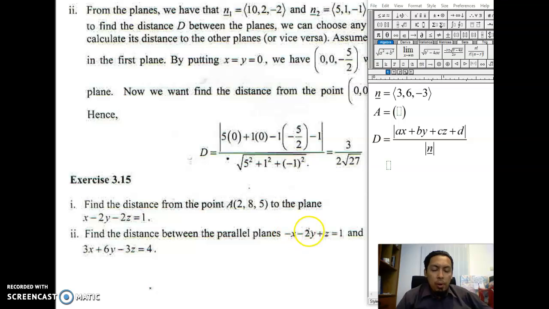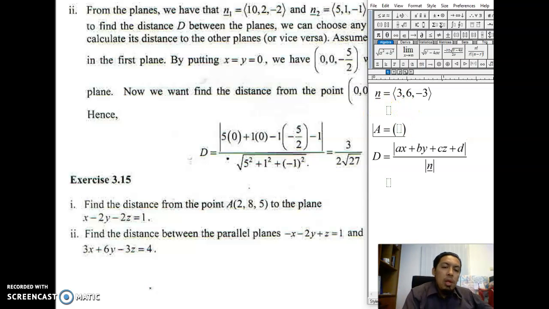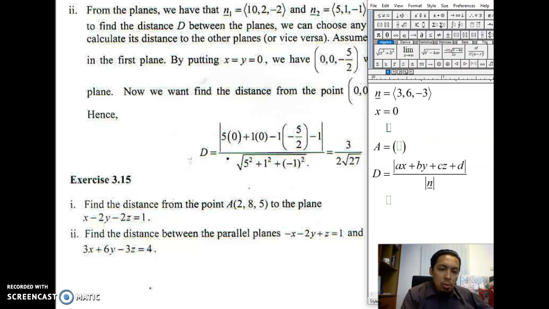So how to find the point? Just by using the basic idea of finding a Cartesian coordinate on any plane. Let's say that in a situation of x equal to 0 and y also equal to 0, what will be the z on this plane?